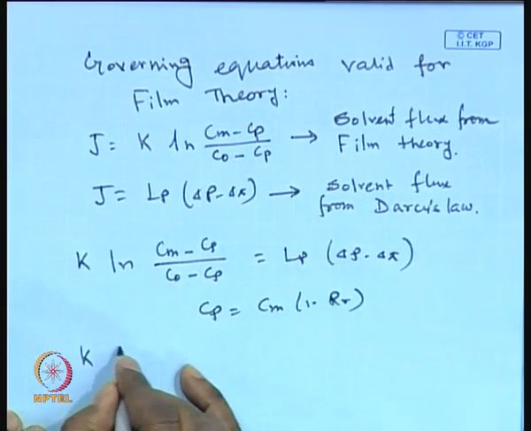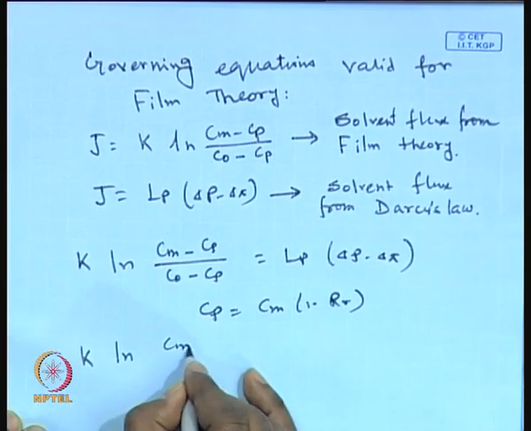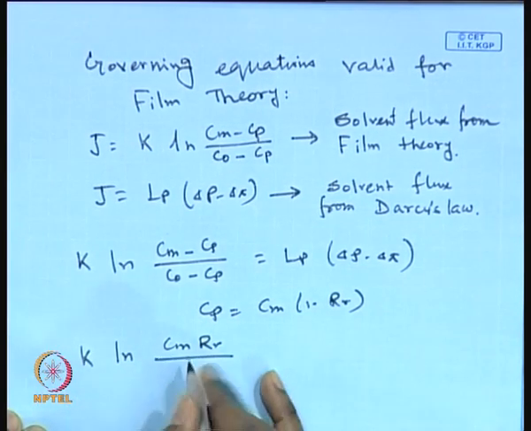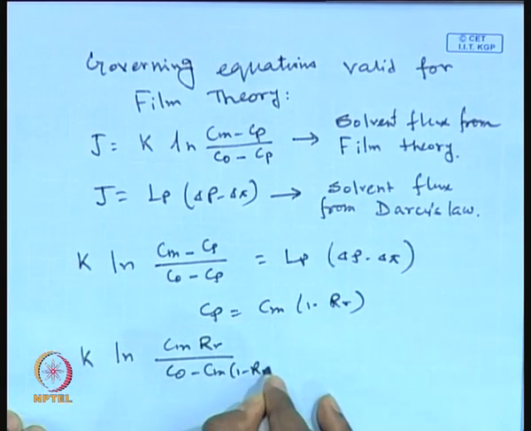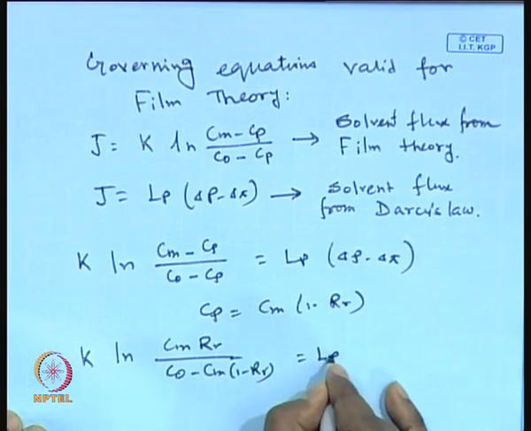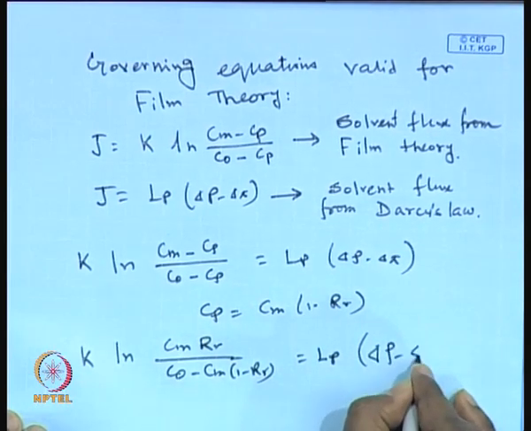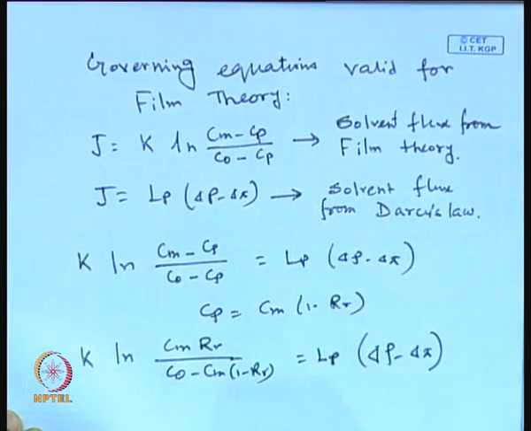So, this becomes K ln Cm Rr, the numerator, and the denominator becomes C naught minus Cm into 1 minus Rr is equal to Lp times del P minus del pi. Okay. Now, in this expression we have already estimated real retention, and it was around 0.92.